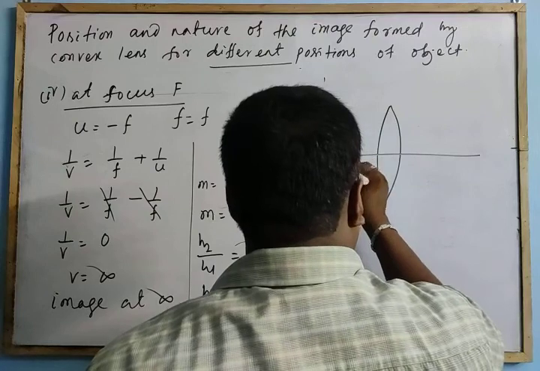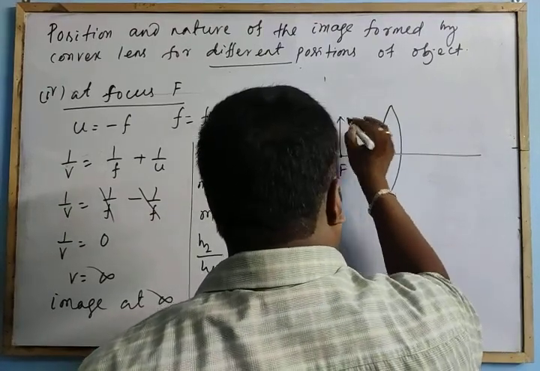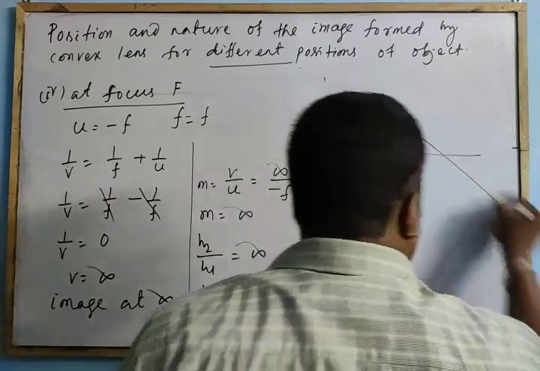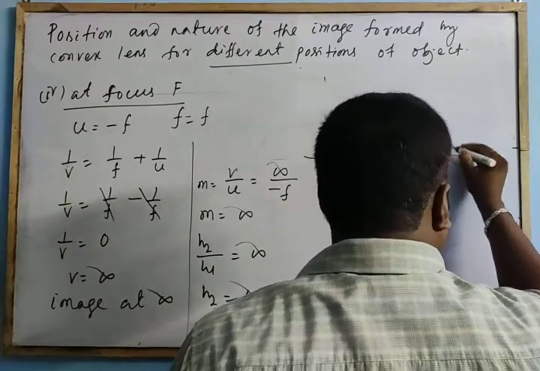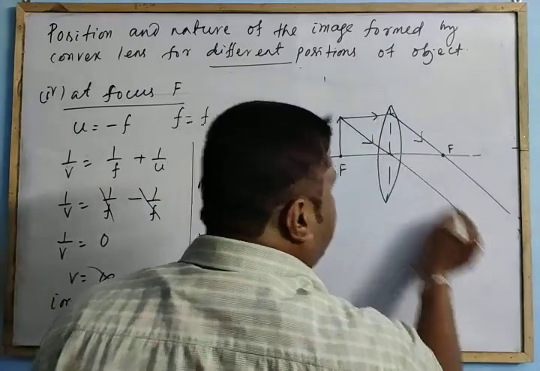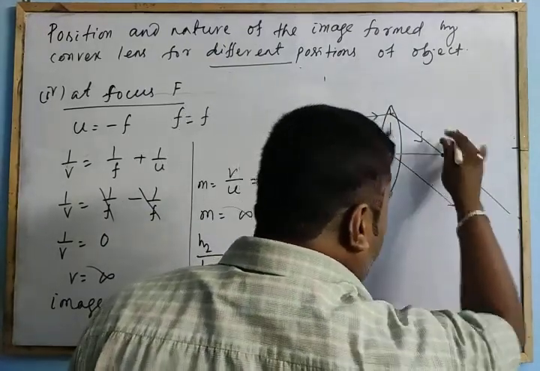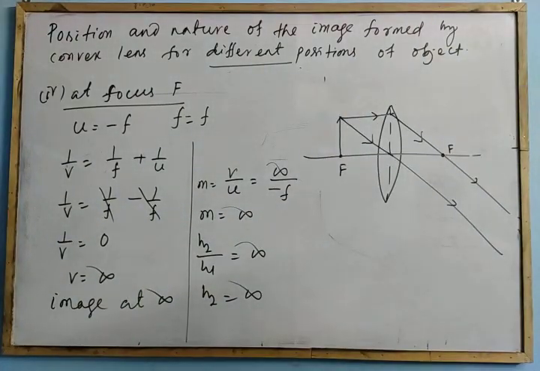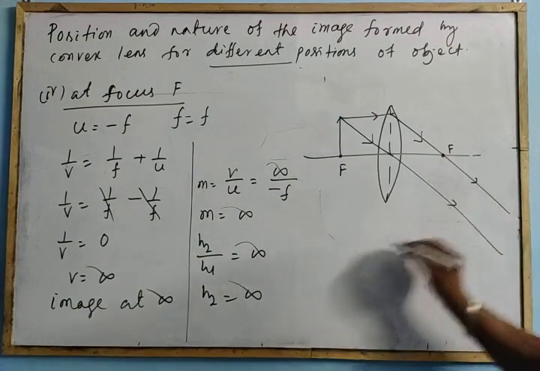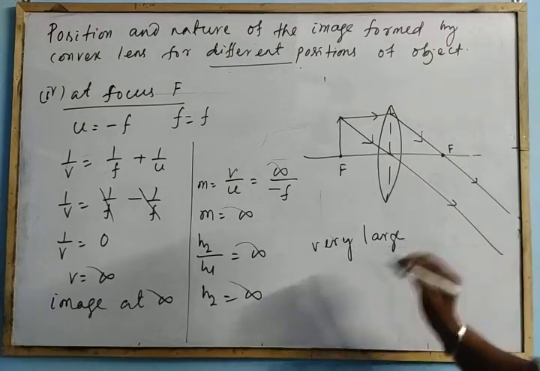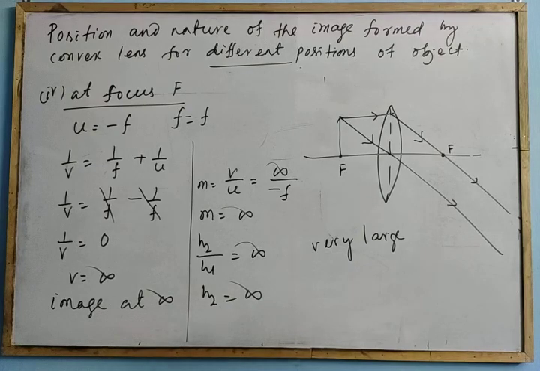It is the focus. If the object is at the focus, from the lens, it will go like this. Here it is the focus, and the another ray, it will go parallel. These two rays will go parallel. They will meet at infinity. So very large image, and at infinity.